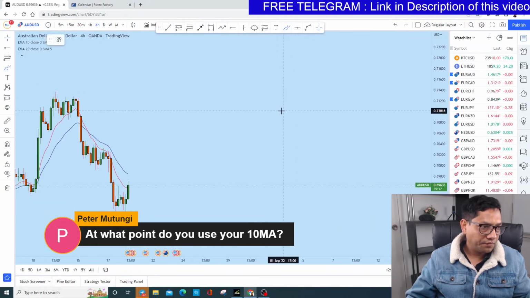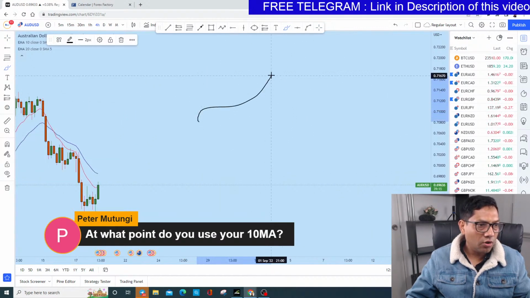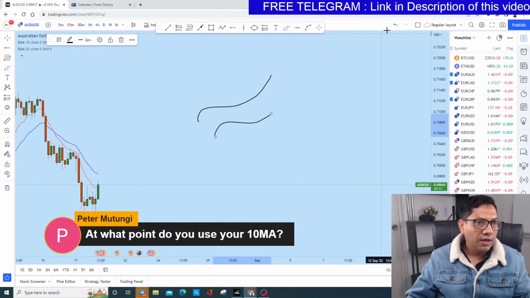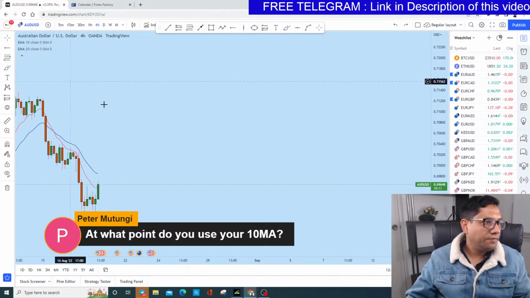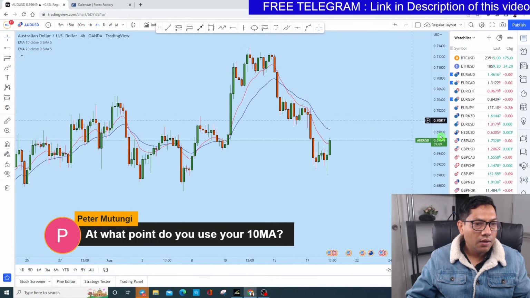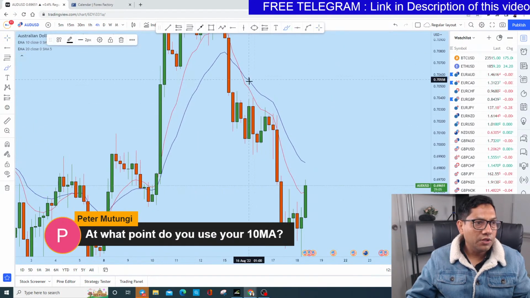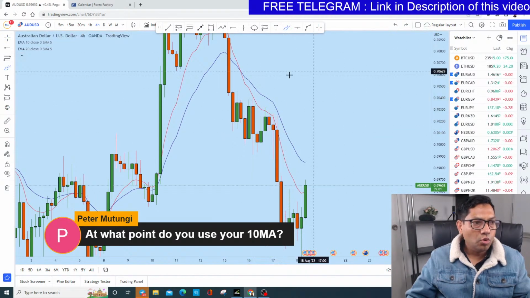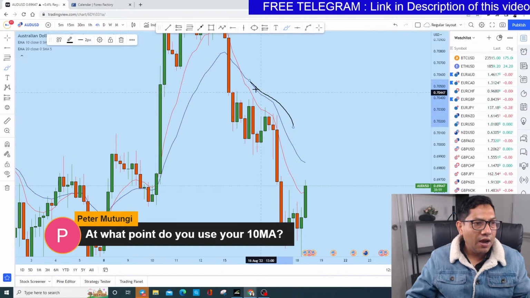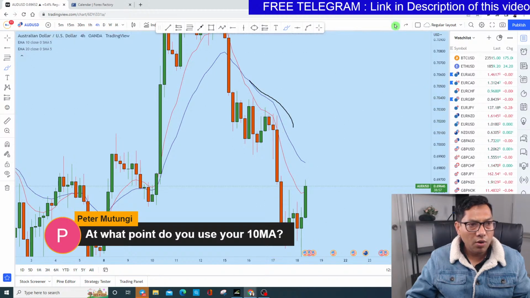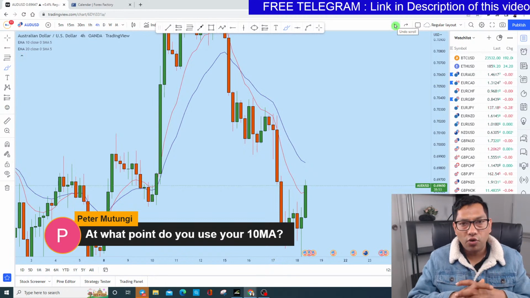First of all, look at this one here. 20 EMA and 10 EMA. You see blue is 20, red is 10 EMA. So when you see that blue is up and 10 is below, that's what I consider a confluence for downtrend.